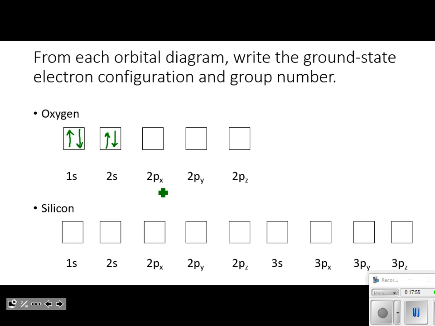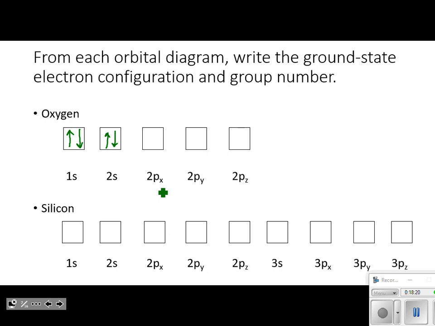So how many electrons do I have left? I have 4 electrons on there. How many do I have left? 4. I have 4 electrons left. So when I'm adding the P, I know that I have to have 1 electron in each one of the P's before I can double them up.